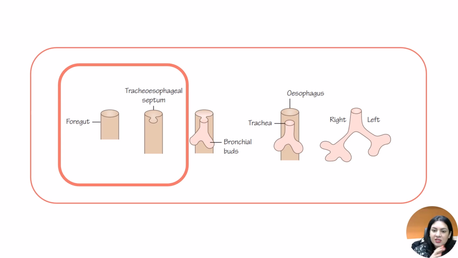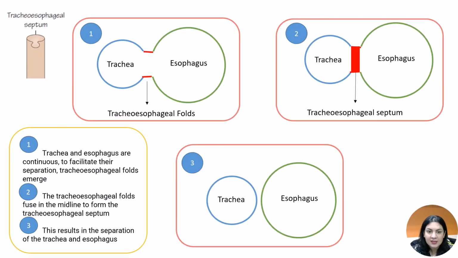And this really starts to highlight the intricate interplay that exists between the different embryonic layers, between those different 3 embryonic germ layers that we spoke about, in the respiratory system in particular.